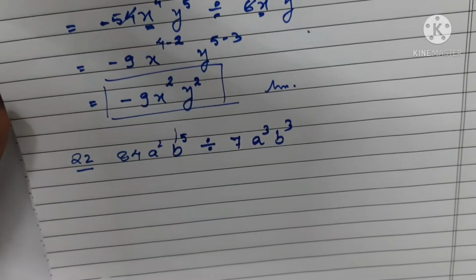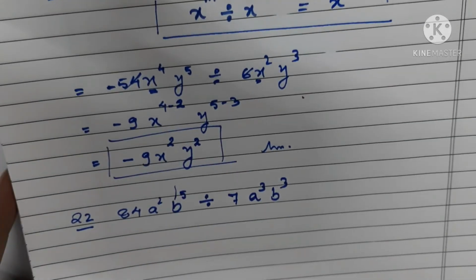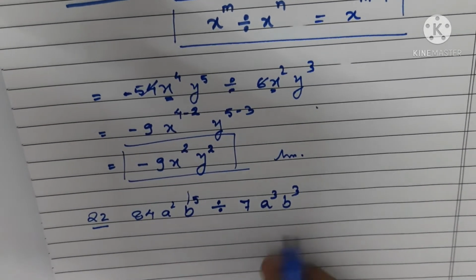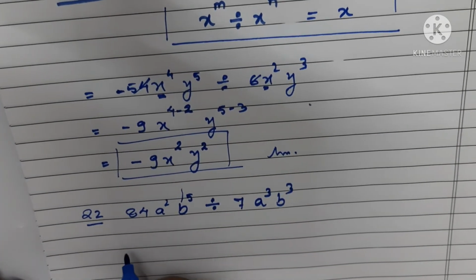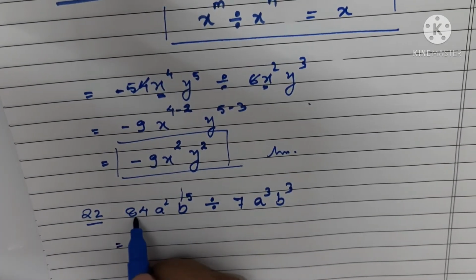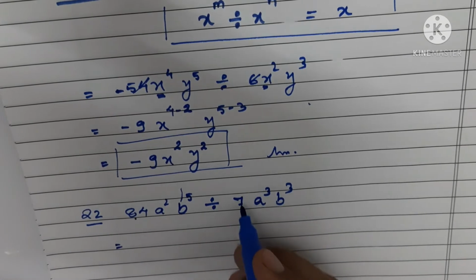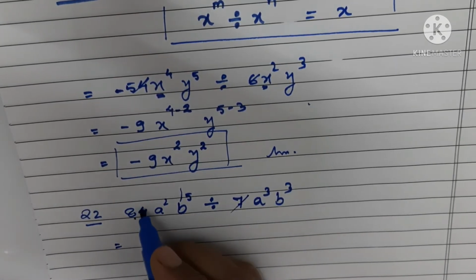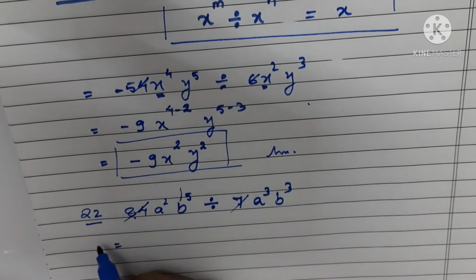So in this case, what we are going to do? We are going to use the law of exponent. When we use the law of exponent, it is very easy. We will simply take the numerical coefficients and cancel them out here only. So 7 how many times?